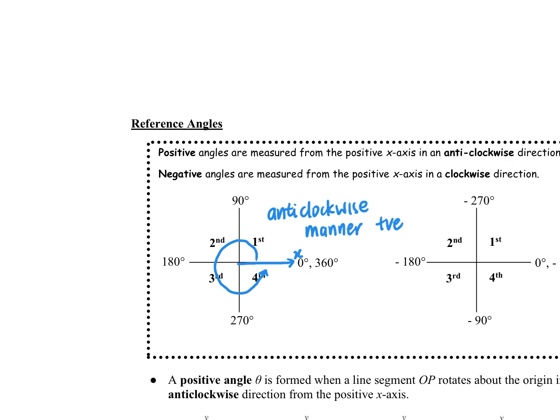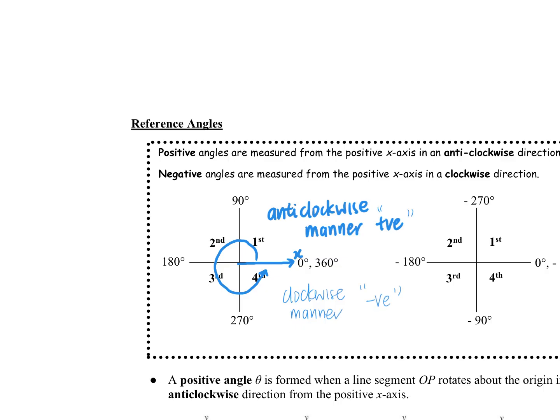So if I say negative 150 degree, I'm starting from 0 also, but negative 150 is here. So if it is negative, it is going in a clockwise manner.